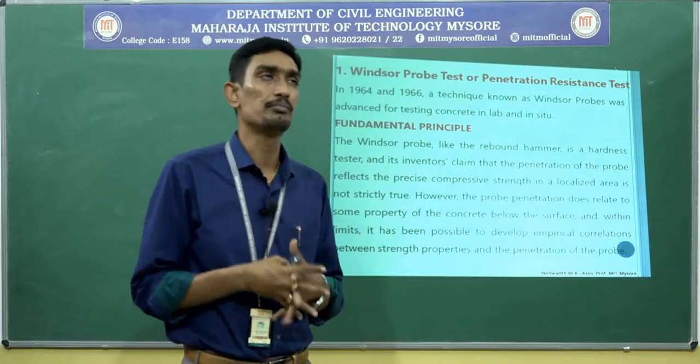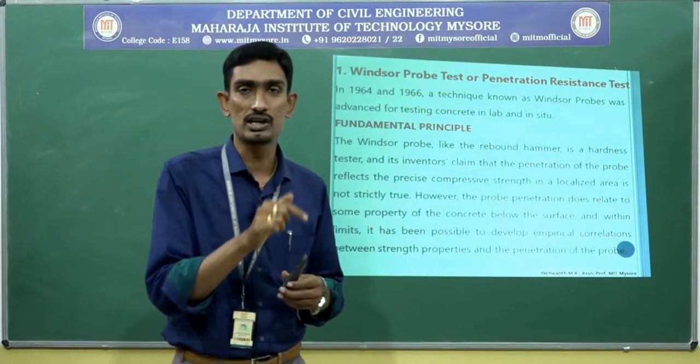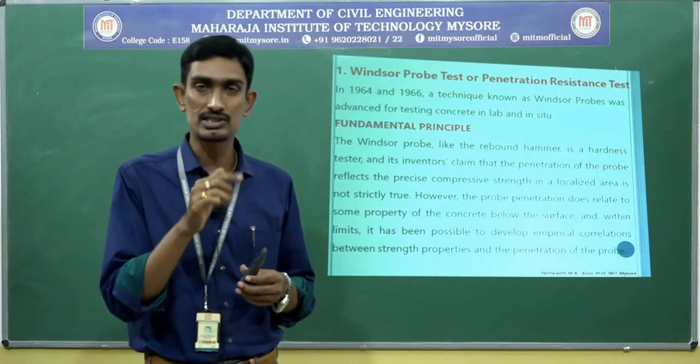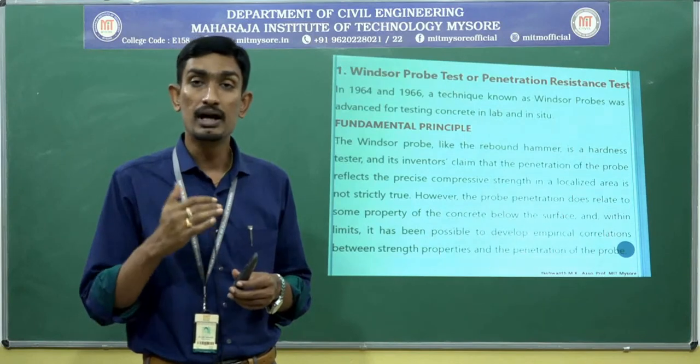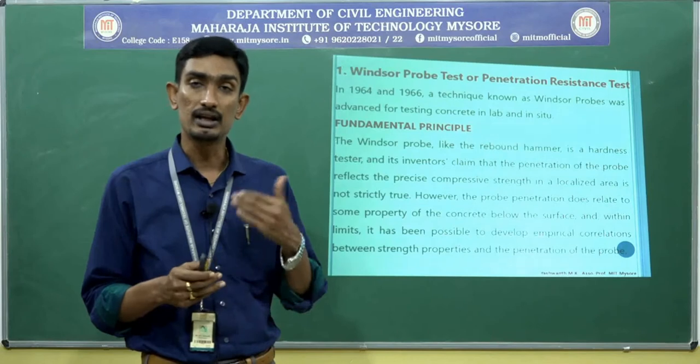So, for example, I simply want to explain the principle. The better the penetration resistance of a concrete member, the better will be the concrete strength of that particular reinforced concrete.